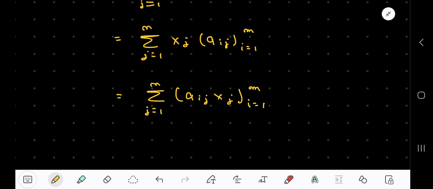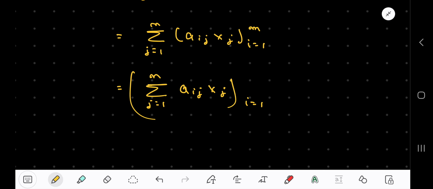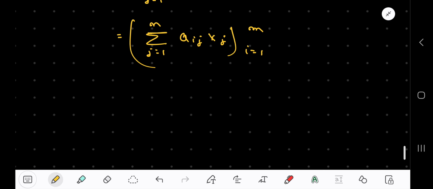I am just multiplying this scalar through the coordinate, right? And then this is nothing but the summation j equal to 1 to n of aij xj, this i ranges from 1 to m.